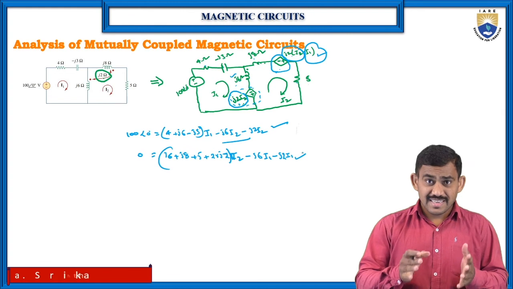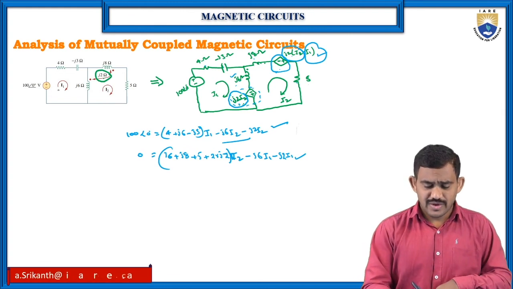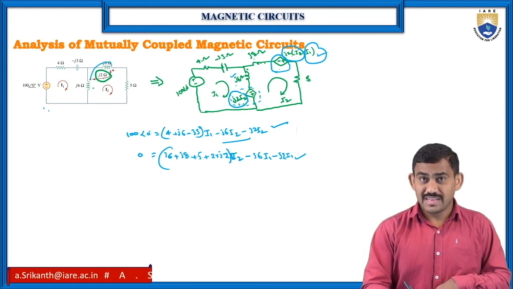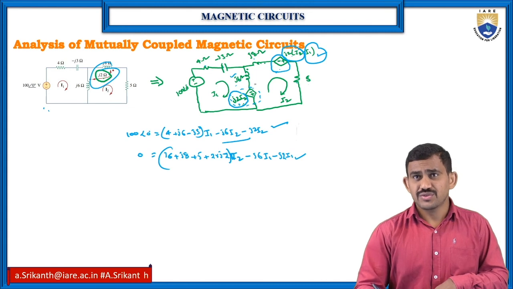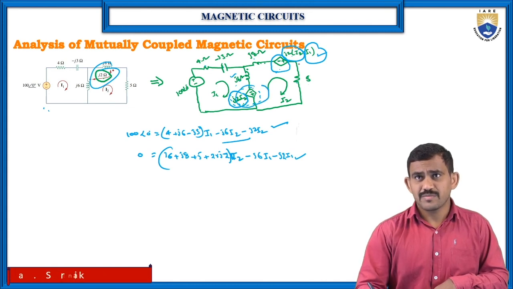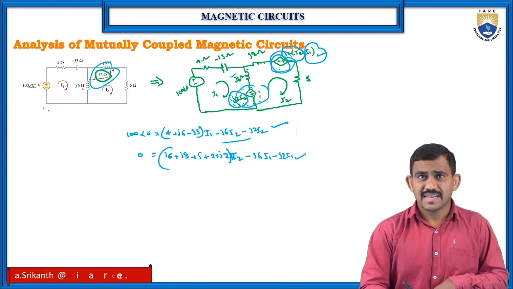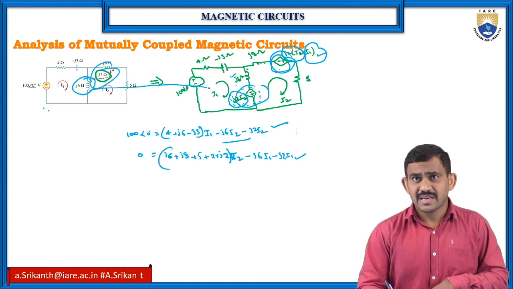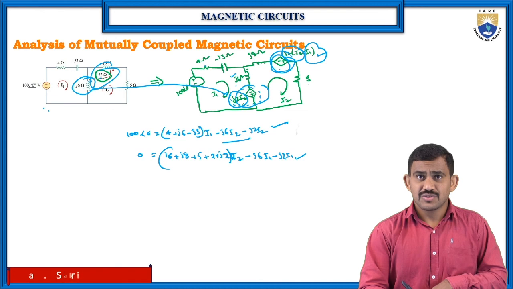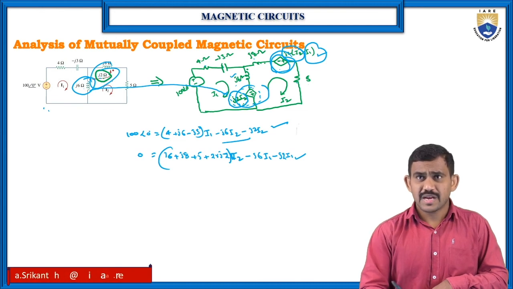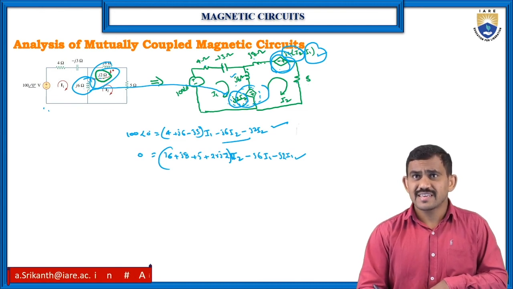Same as the equations you previously solved, you can write it in any manner. For the same circuit, when you have mutual coupling, you can divide it into dependent sources. This mutual inductance 2J depends upon the I2 current, so I write here a dependent source with the I2 value.